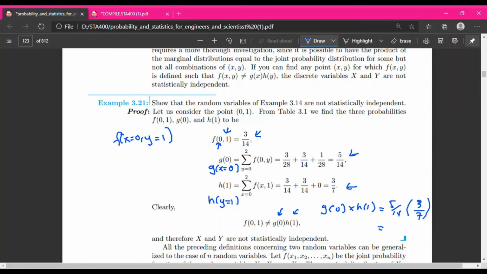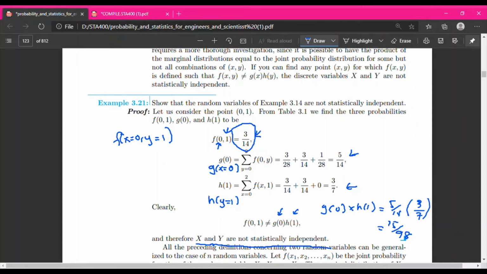What do you get there? You will get 15/98. And the joint function of x0, y1 is 3/14, which is not equal to this value. So we can make the conclusion that x and y are not independent, not statistically independent.